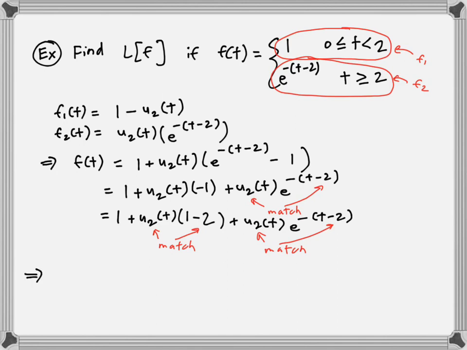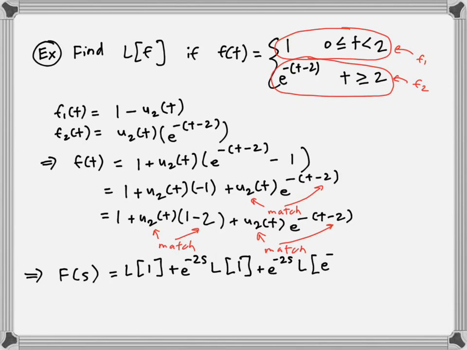So this says that the Laplace of this is going to equal what? I'm going to do the Laplace of 1 plus e to the negative 2s times the Laplace of 1, and then plus e to the negative 2s again times the Laplace of e to the negative t. So what is that going to equal?